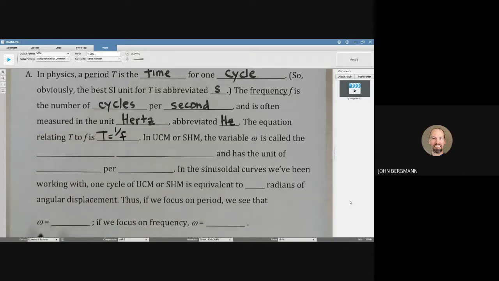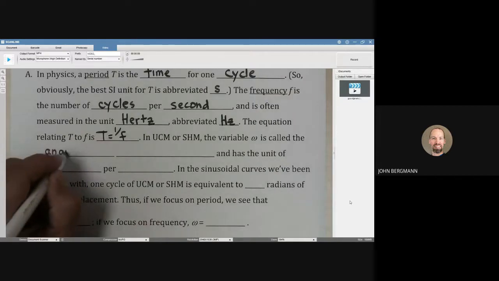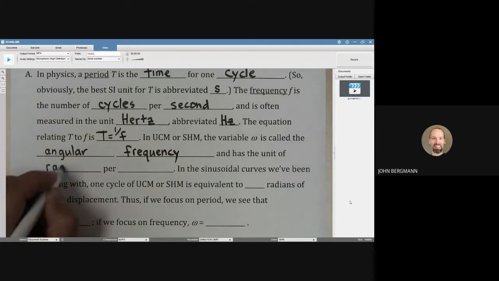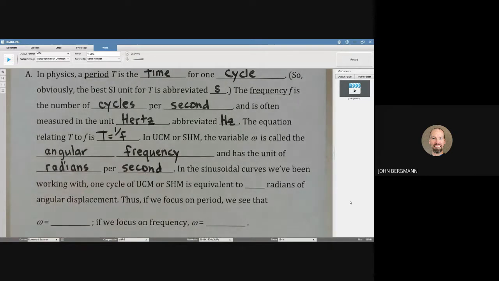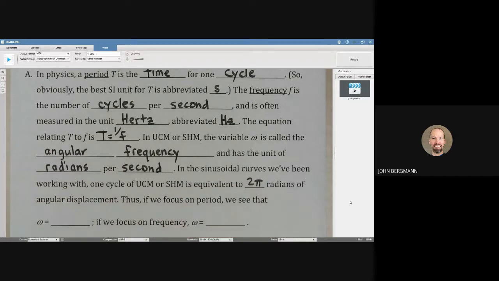Those are reciprocals. In uniform circular motion or simple harmonic motion, the variable omega is called the angular frequency and has the unit of radians per second. In the sinusoidal curves we've been working with, one cycle of uniform circular motion or simple harmonic motion is equivalent to 2 pi radians of angular displacement.